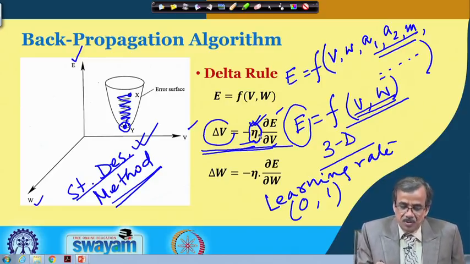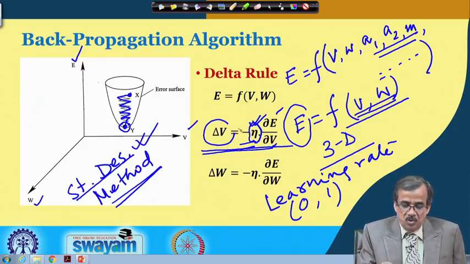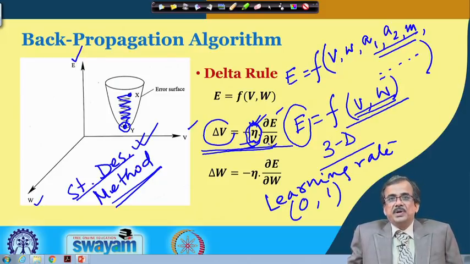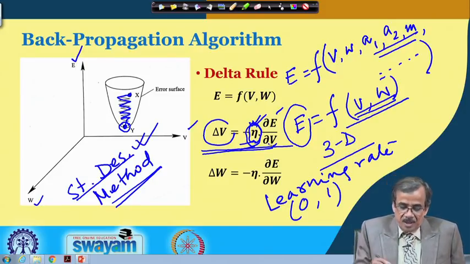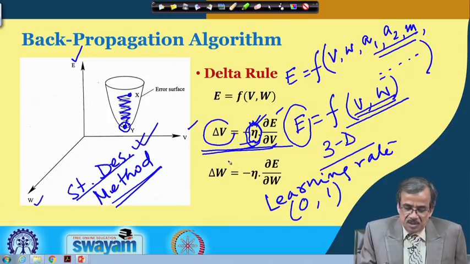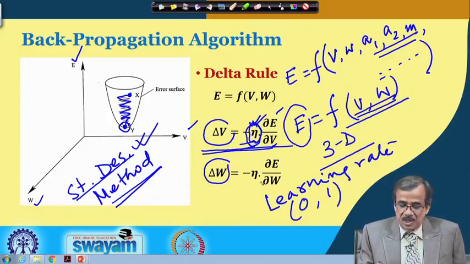The same thing we copy here: the change in V is nothing but minus eta, where eta is the step length, times the partial derivative of E with respect to V, and that decides the search direction. Similarly, the change in W is nothing but minus eta del E del W.